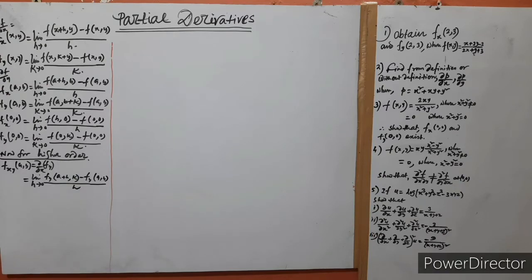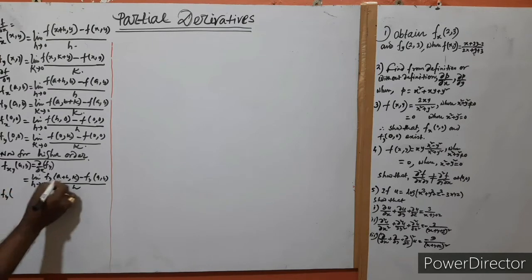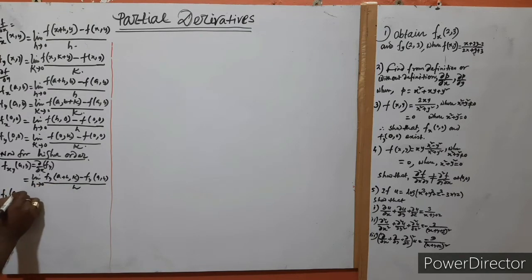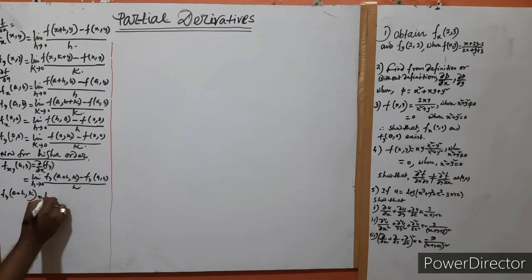Now find f suffix y at a plus h comma b, where k tends to 0.